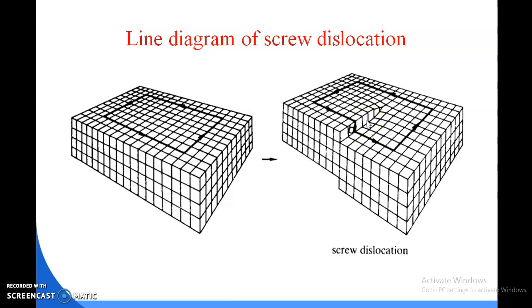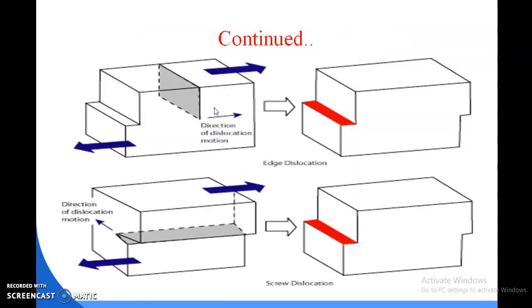When the chemical potential of the environment is changed, the step advances or recedes according to the force or stress. The next is the edge dislocation and screw dislocation diagram.